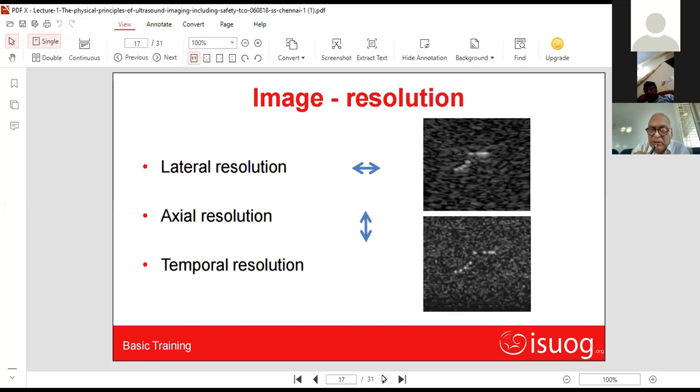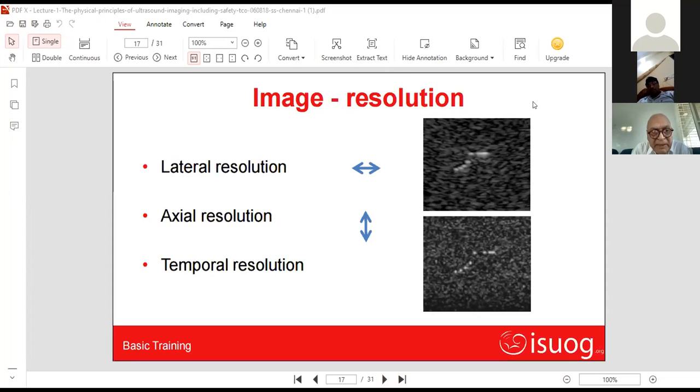Temporal resolution is how many frames we get. This is also known as frame rate, because as in cinema we used to have films, how many frames move in very quick succession. So how many frames in how much time, one frame completely fits into the display before the next one is coming, and how many frames per second.